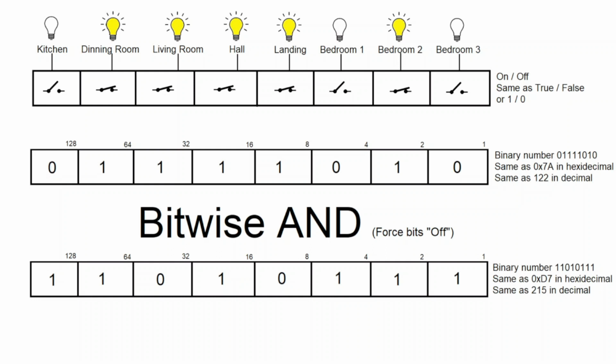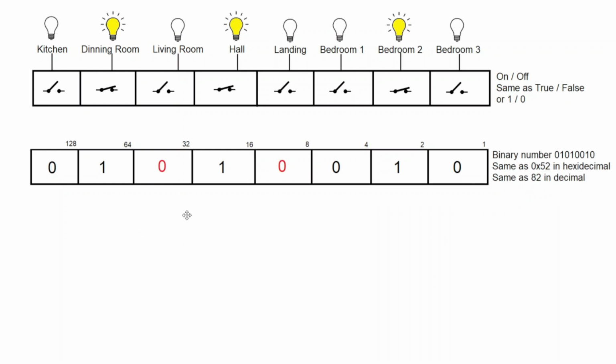So when we look at the results of the bitwise AND operation, we can see that these two bits here have fallen to 0, and essentially we've switched off the living room light and the landing light through doing that bitwise operation.